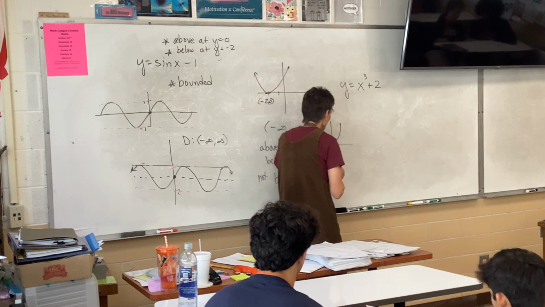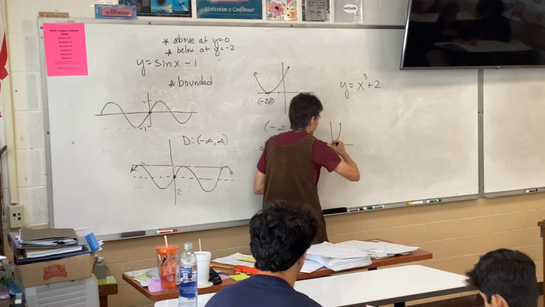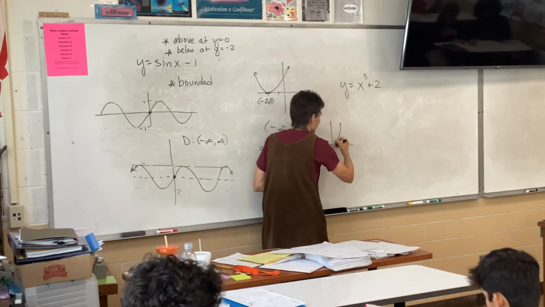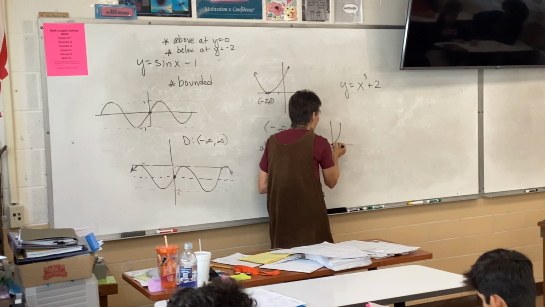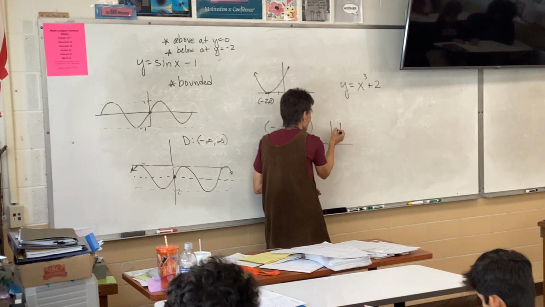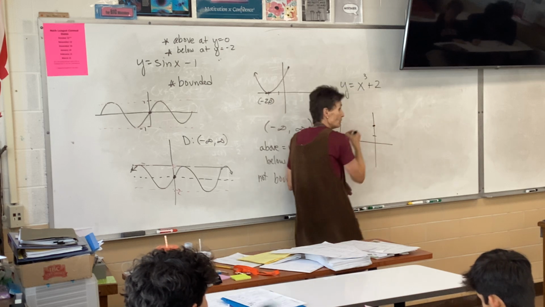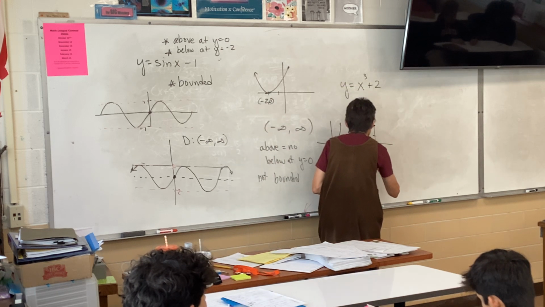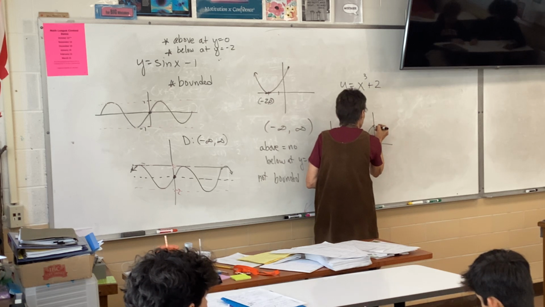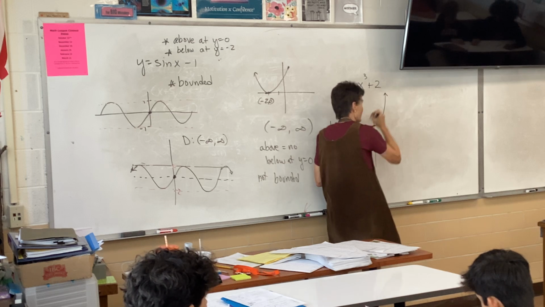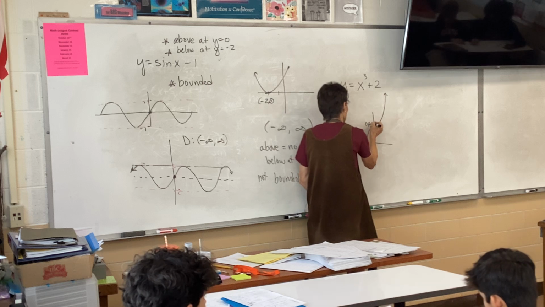The normal cube looks like that. Watch my hands, see how my hand's moving? And then here it switches and goes like that. Well, now that switch is going to happen up here. So here's the first part, like a parabola opening down. And then I switch and I have a parabola opening up. And I label that point.